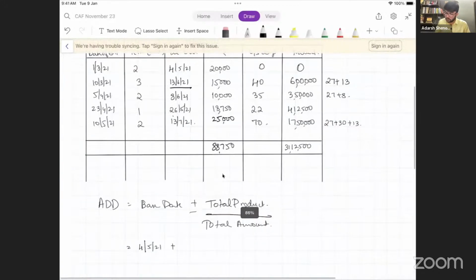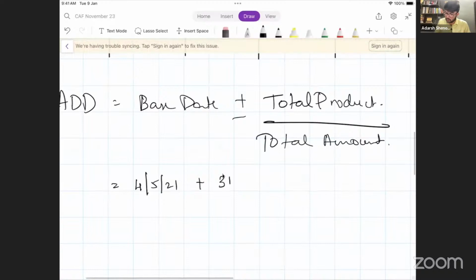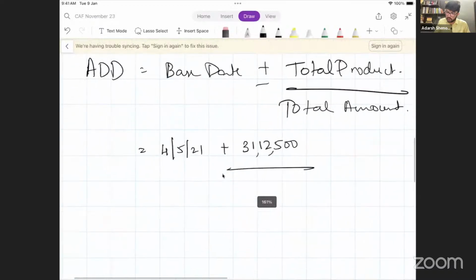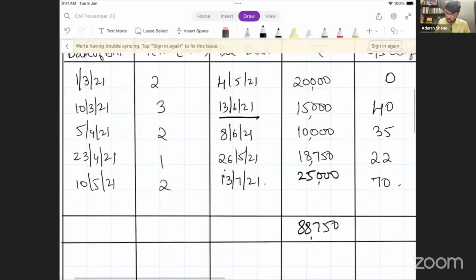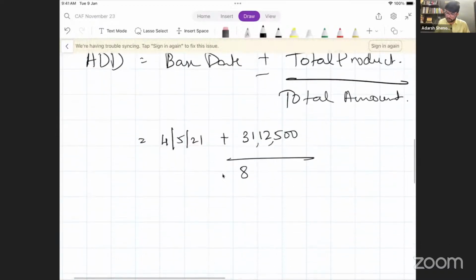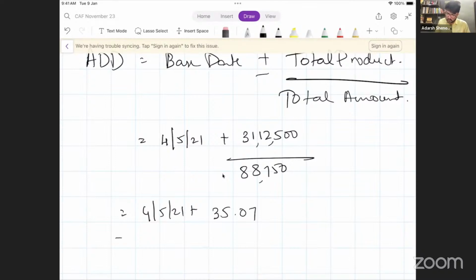Total product is going to be 31,12,500 divided by 88,750. What is the result of the division you get? Is it 35.07? Round it off to the nearest whole number, which is 35 days.